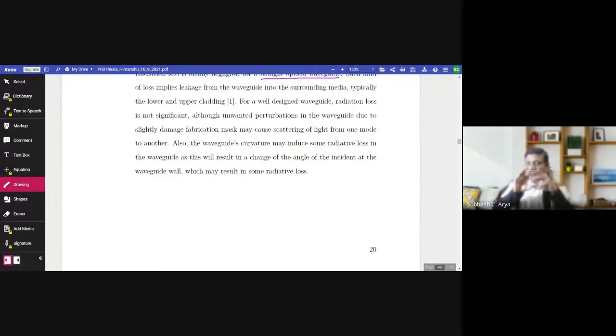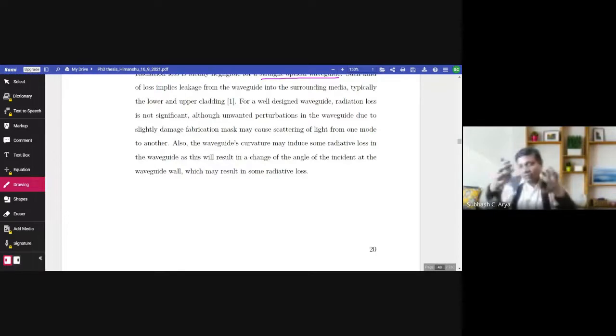There will be no scattering if the particle size is either very large or very small. If very large, the light will pass. If very small, the light will also pass. So there will be no scattering. However, as soon as the size of the particle in that material is almost equal to the wavelength, it will interfere in the path of the light and divert the path. That is called scattering.